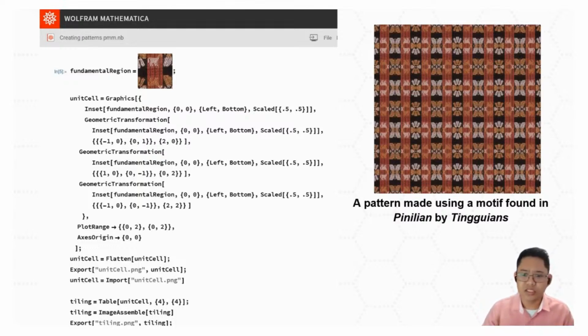But what's good about Mathematica is this particular tool. Mathematica has a built-in AI that we can use here.